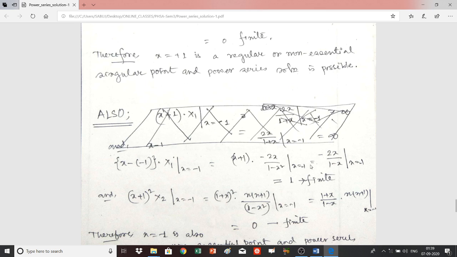So from these we have minus 2x, and from these two terms (1 plus x) will cancel out, and then we get minus 2x by (1 minus x), and using the value of x is equal to minus 1, we have 2 from here and 2 from here, that is equal to plus 1.